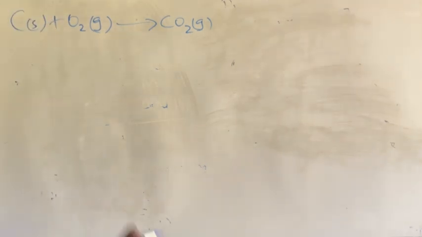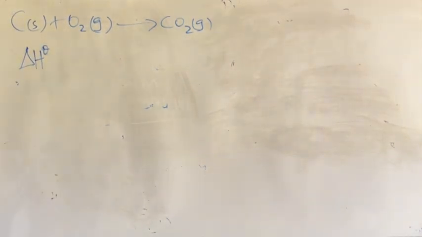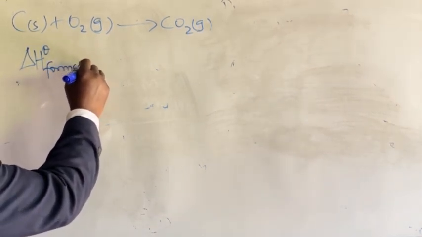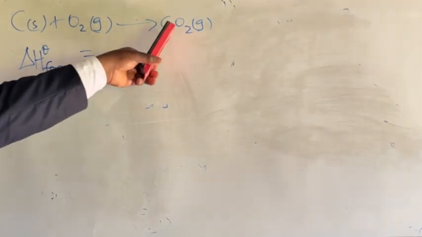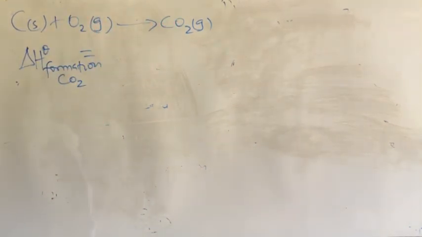If carried out under STP, this type of reaction will be a formation reaction, the formation reaction of carbon dioxide. The carbon dioxide is formed from its elements in their standard states.